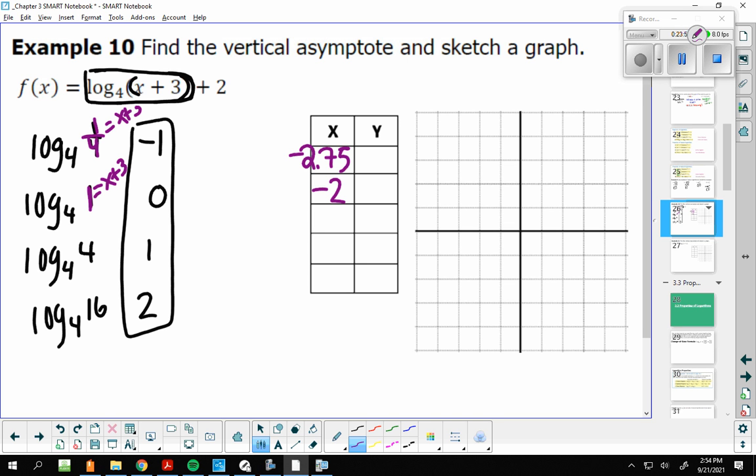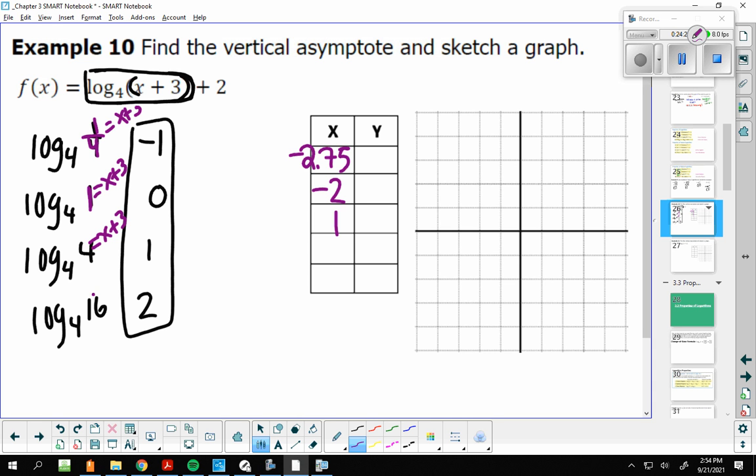And then I can say, oh, what exponent changes 4 into 1? That would be 0. And then we do it again. Subtract the 3. 4 minus 3 is 1. So again, if I were to plug in 1 for x, I get an argument of 4. So then I say 4 to what exponent gives me an argument of 4? That would be 1.